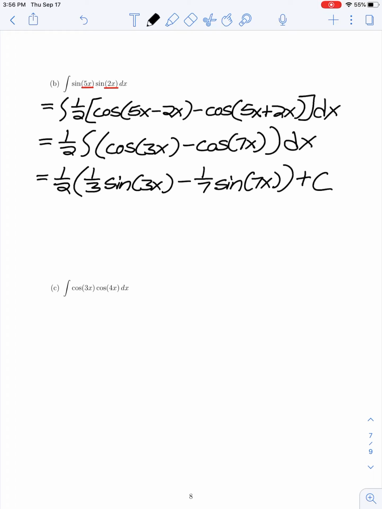And then I'm adding a constant on the end since this is an indefinite integral. Or distributing my factor of 1/2, I would have 1/6 sine of 3x minus 1/14 sine of 7x plus c.